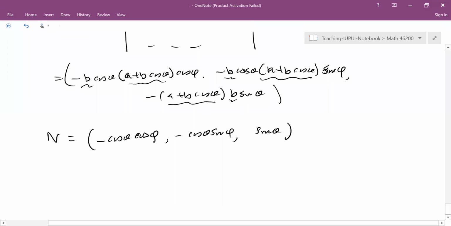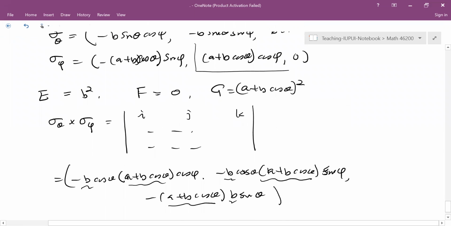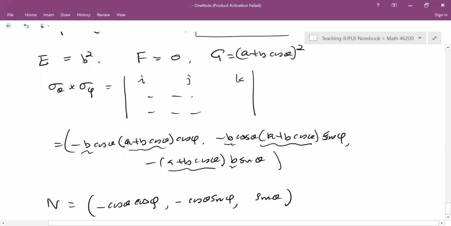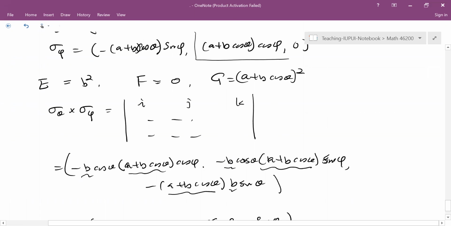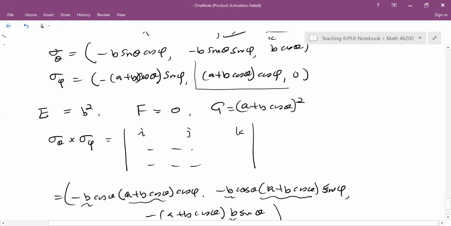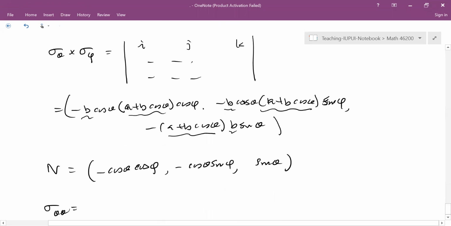Great. So once you have this normal vector, all I just needed to do is find the second order derivative. So sigma theta theta. Well, I just have to go back. The screen is too small. So it becomes cosine theta, right?